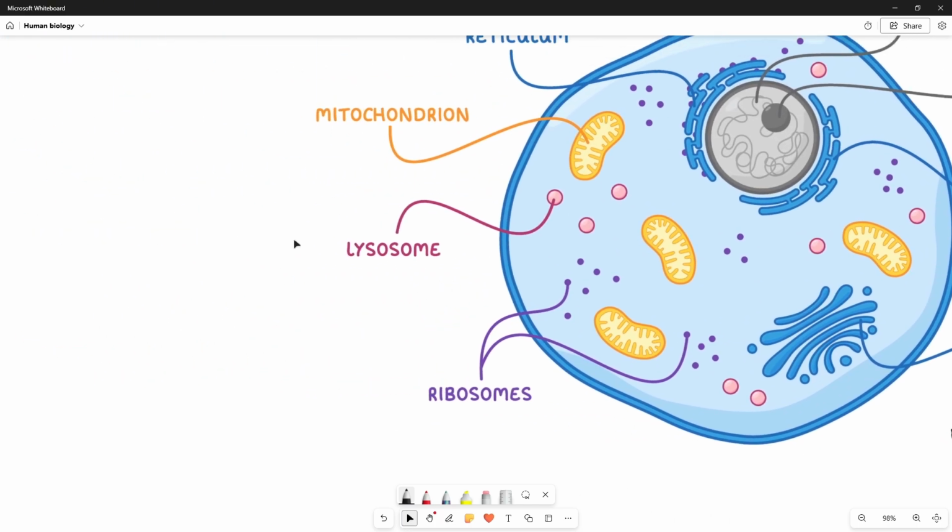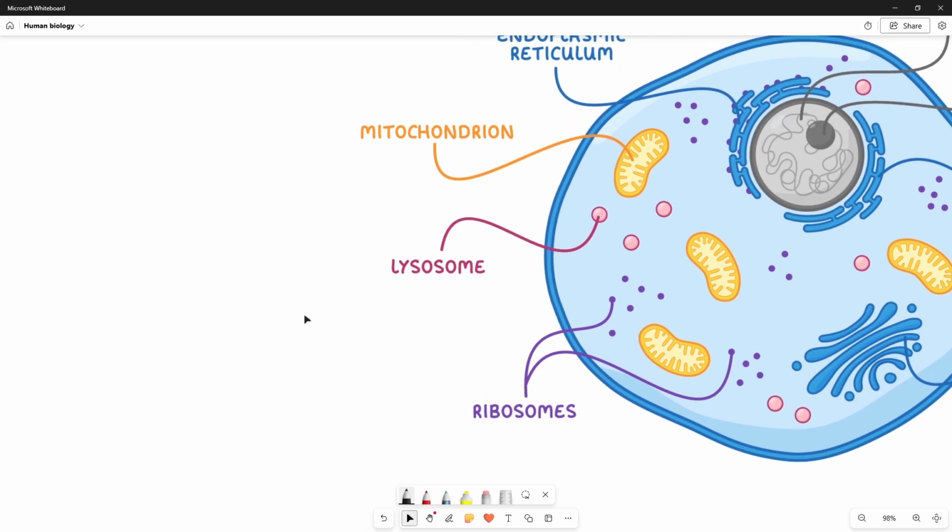So here we have lysosomes. Lysosomes are membrane-bound sacs containing enzymes, like acid hydrolases. They digest worn-out organelles, pathogens, and cellular debris, and they are formed by the Golgi apparatus. So basically, they eat dead stuff.